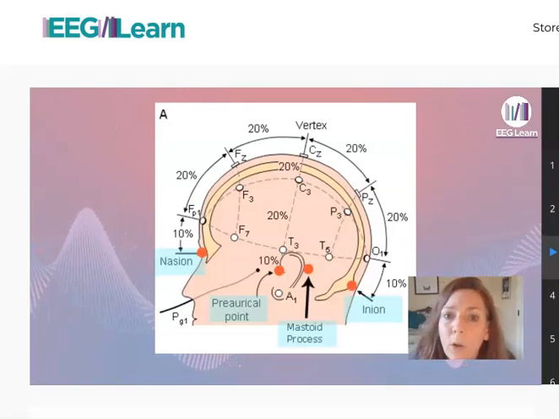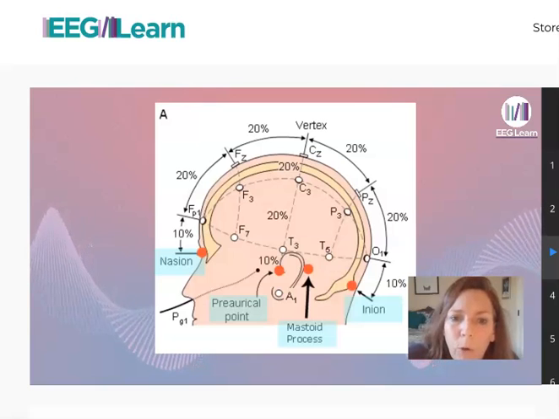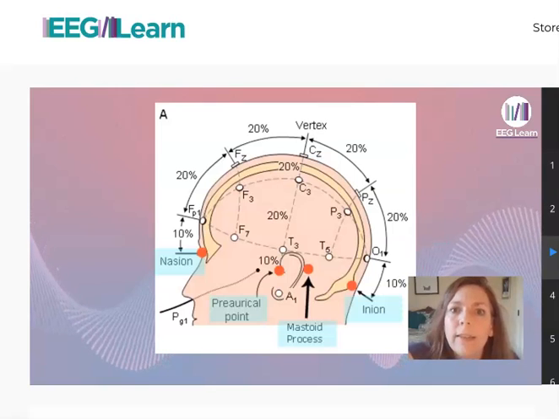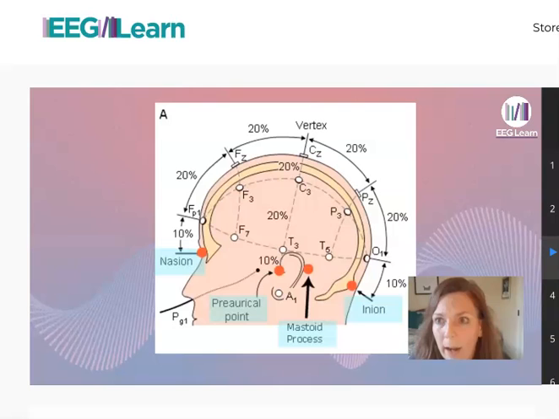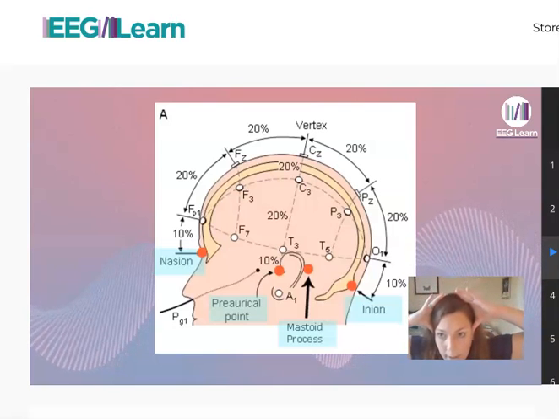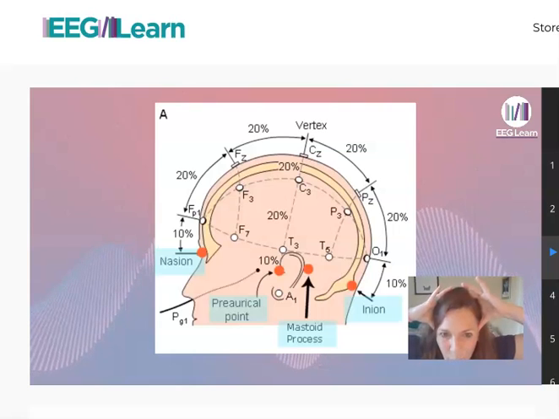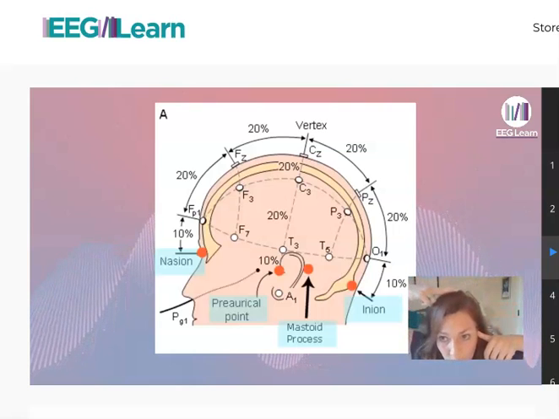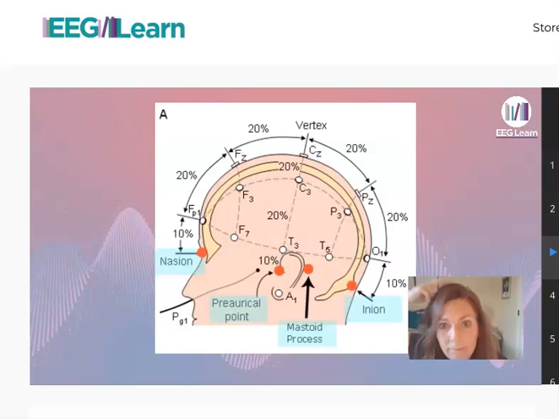You can see it on this slide pretty well, that if you went straight up from that red dot that's telling us where the preauricular point is, you can see CZ is actually set a little bit farther back. So if you find that uppermost point on the head that's in line with the preauricular point, then you want to go 2 fingers back from that spot.